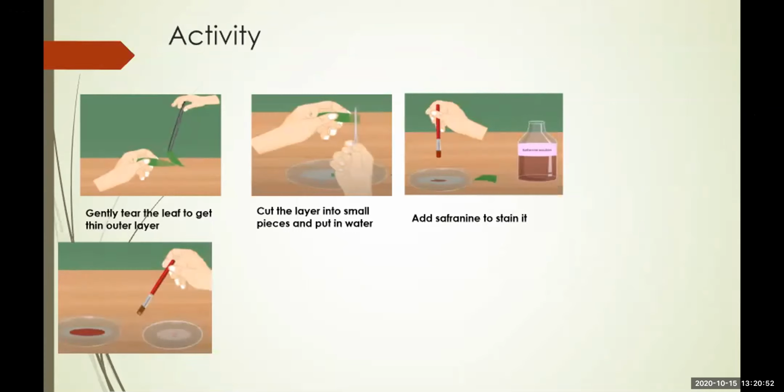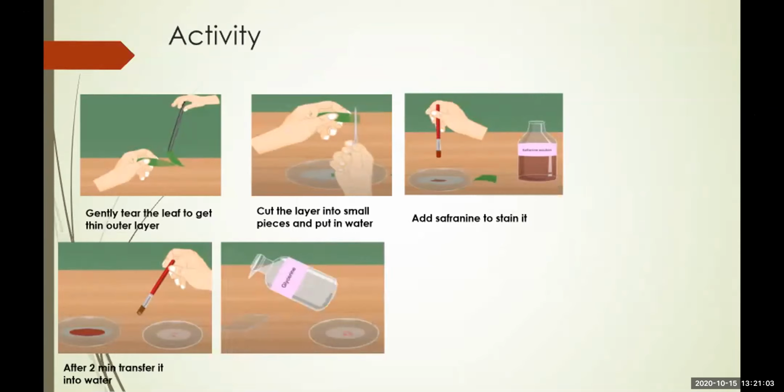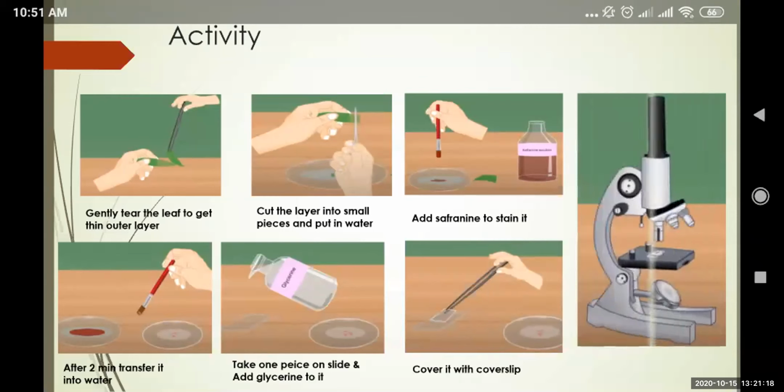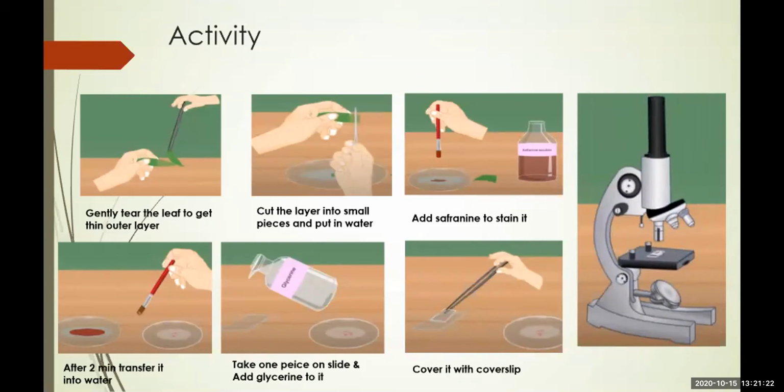We have to keep it for around 5 to 10 minutes and transfer it into the watch glass in water so that excess stain can be removed. After that, we have to take that piece on the slide, add 2 drops of glycerin and cover it with the cover slip. After that, we have to observe it under the microscope. Okay, I'll repeat it again.